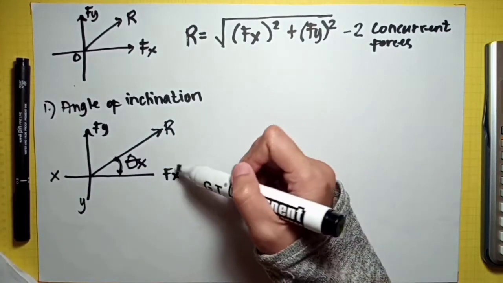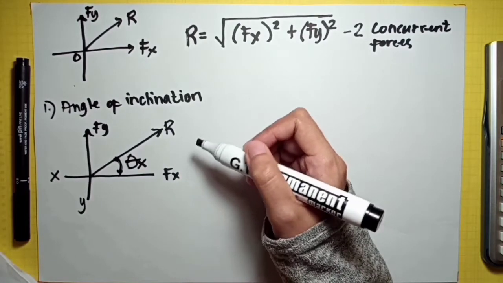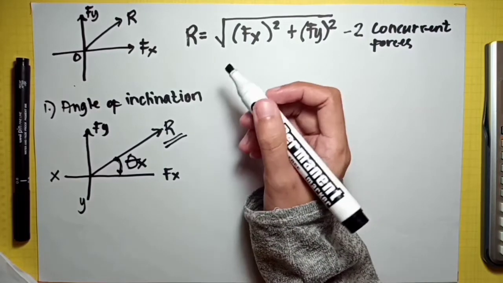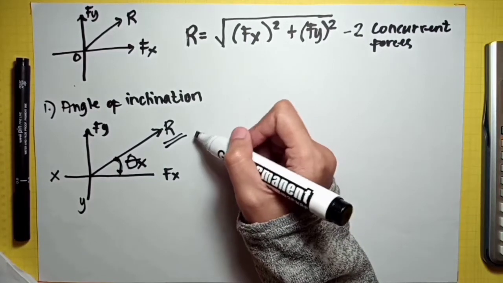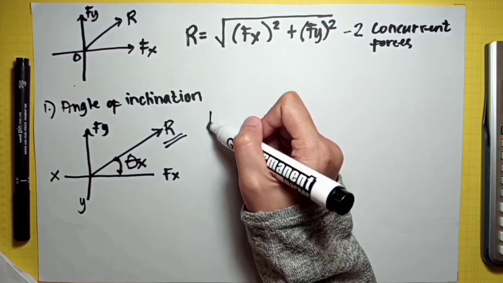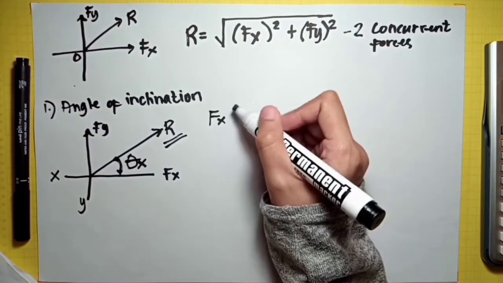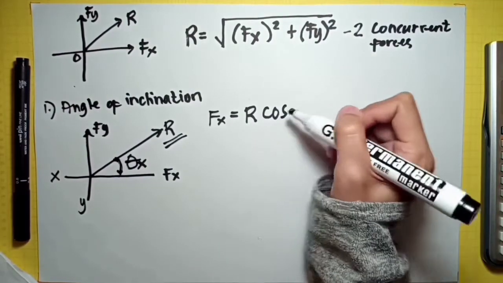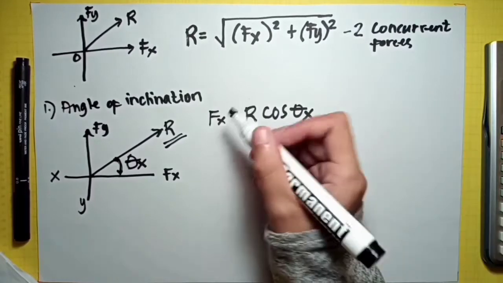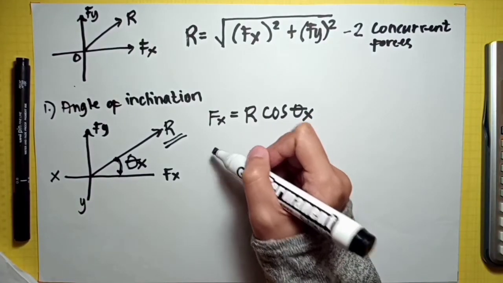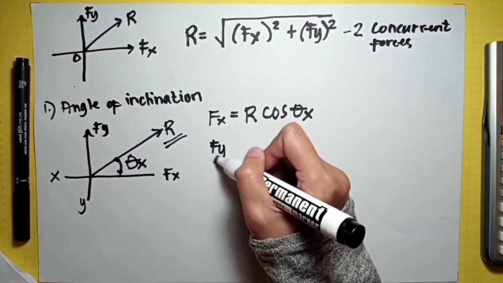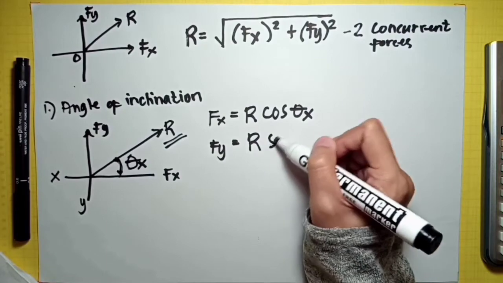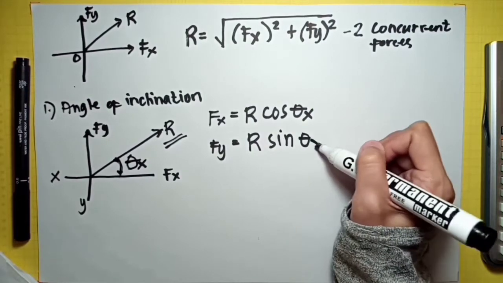So, base sa diagram na to, ano na ngayon ang formula for Fy and Fx if given ang R? So, assuming given ang value ng resultant. So, ang formula ngayon based sa diagram is Fx or F sub x is equals to the resultant cosine theta x. Tapos, ang F sub y naman ay magiging the resultant times sine theta x.